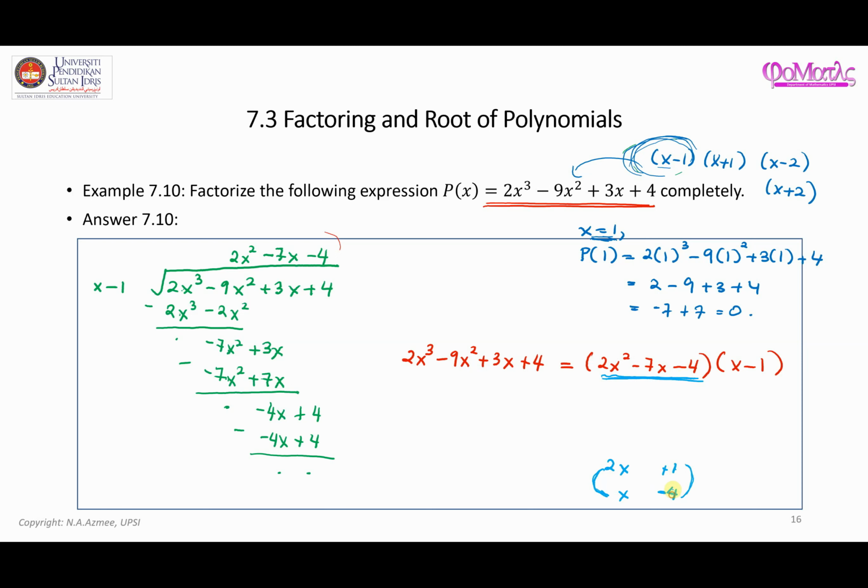So when I multiply these two terms, I'll get negative 4. Okay, next, if I cross multiply this, I will get negative 8x. Cross multiply this, I will get x. So negative 8x plus x, I will get negative 7x, which is in the middle. So I'm good with that.